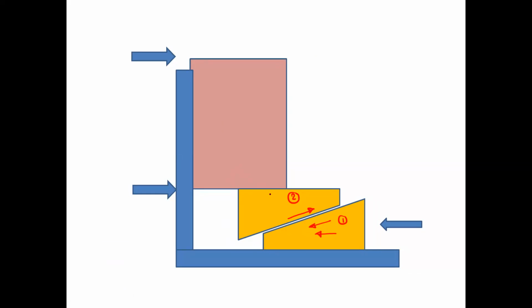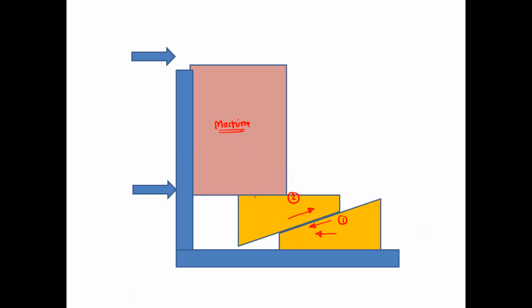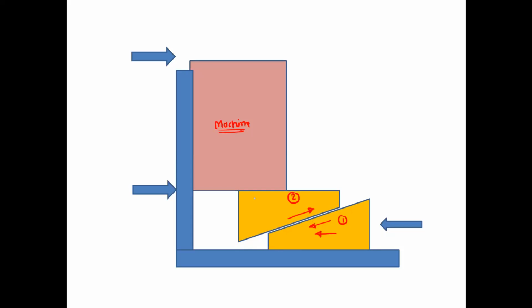If you observe the motion between wedge 2 and this machine, the machine is moving in the upward direction.